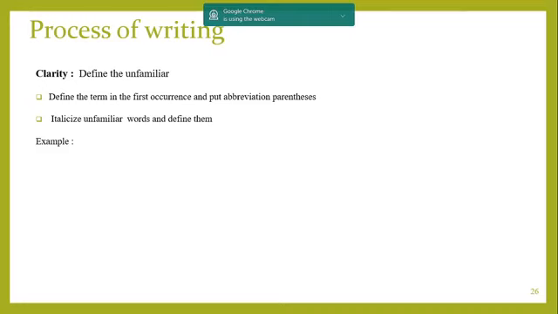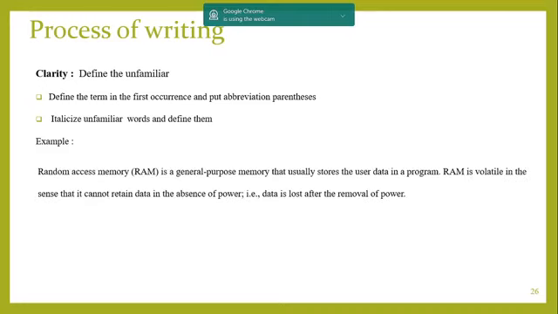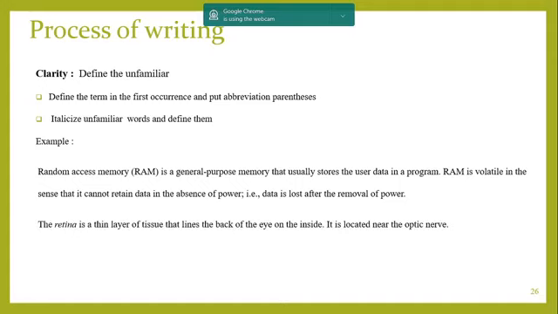Unfamiliar words should be italicized and defined. Suppose I have these two examples. Random access memory (RAM). I put it in parentheses and explain the RAM in the later sections.